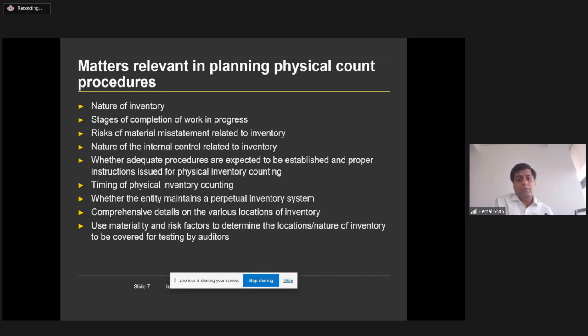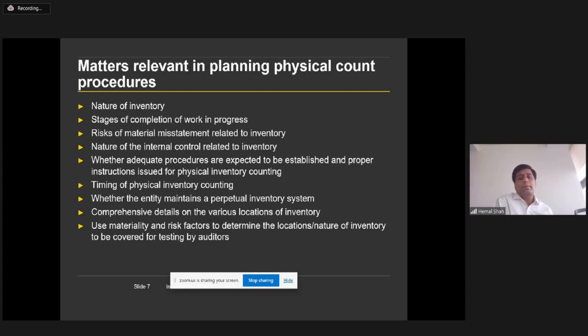For example, if the year end is 31st of March, the auditor should try to cover inventory on 31st of March itself. However, if it is not possible, then nearest to 31st of March, say maybe 1 week early or 1 week subsequent to the year end, and then perform either a rollback or roll forward procedure.